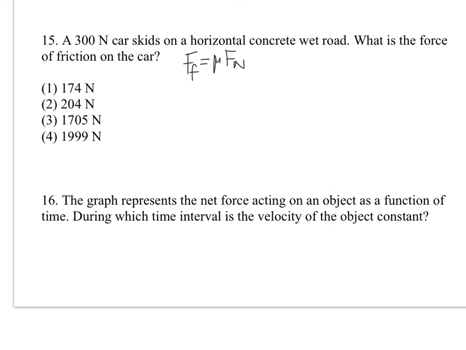Okay, so we're looking for the force of friction. Do we have a mu? Well, in this question, we have a car skidding on a horizontal concrete wet road. So a car has rubber tires. And we're on a concrete wet road.